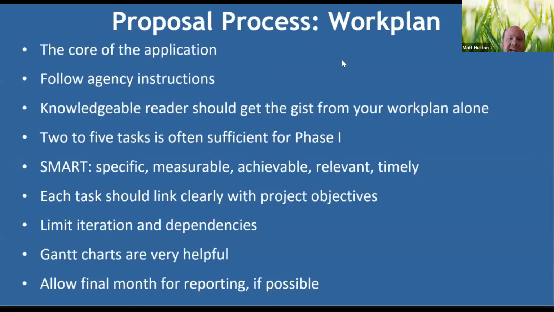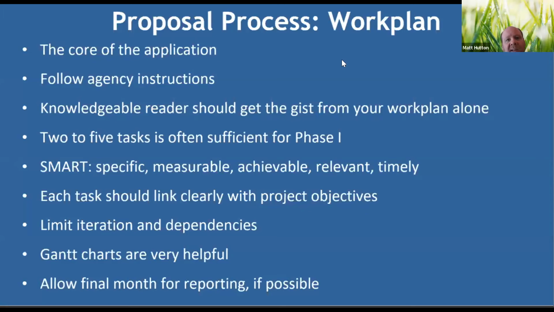Again, you're designing your own tasks, so design tasks that you can complete. So yeah, limit iteration. They don't like seeing that. Iteration is like, oh, we're going to do a round of software design, and then we're going to solicit feedback on it, and then we're going to redesign it. Don't do that. It should be pretty open and shut in terms of each of the tasks.